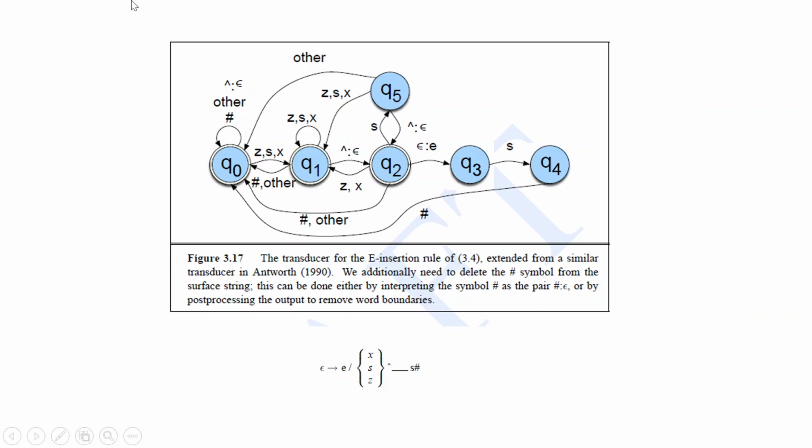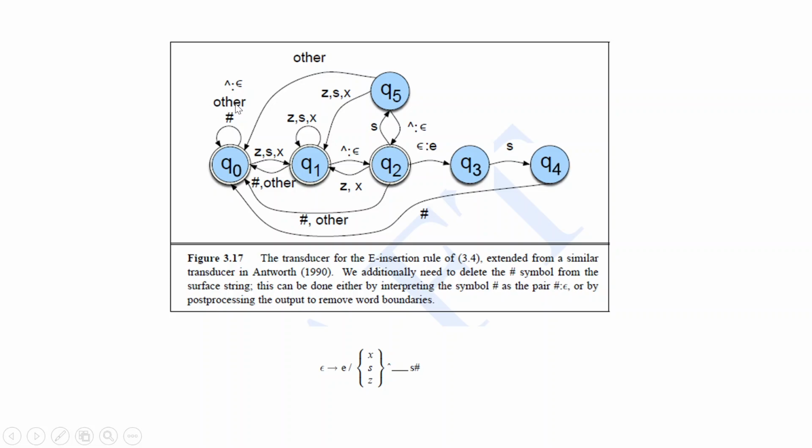Generally, transducers mean you read an input and generate an output. Sometimes you read Z and output Z itself, or read any other character and output it. The convention is you can do it this way also.